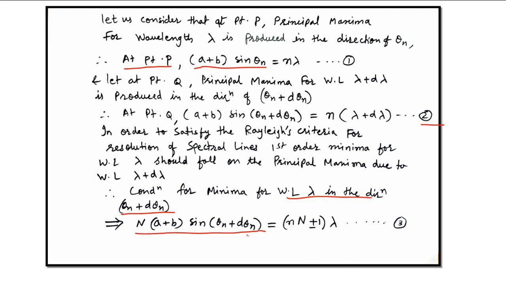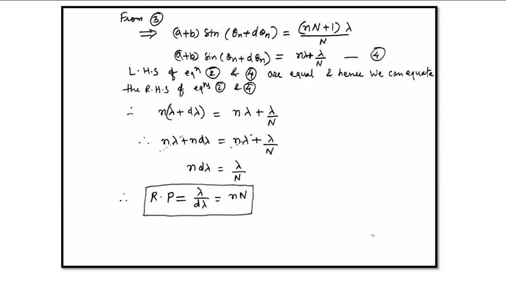So the condition for minima will be N (a plus b) sin of (theta n plus d theta n) equal to (nN plus minus 1) lambda. Let us say that this is equation 3. From equation 3, forget about the minus sign, because I already told you that the plus minus sign indicates that it is symmetrical with respect to the principal maxima.